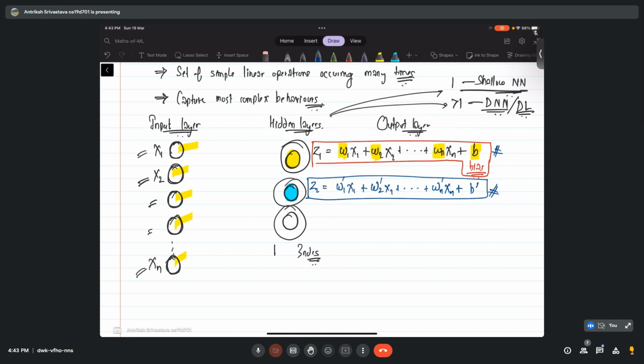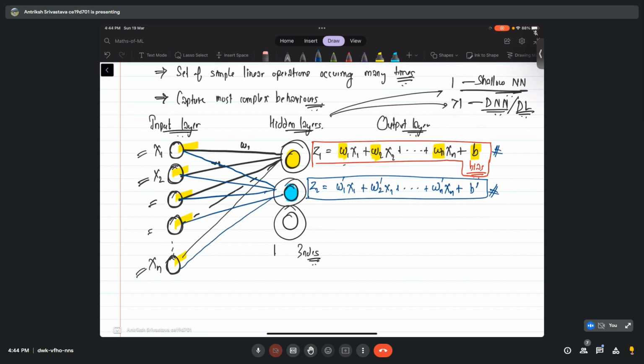Now, how do we represent this? How does the network that you see come about? That comes through this process of weightage only. This is W1, this is W2, W3, and so on for this interconnectivity.